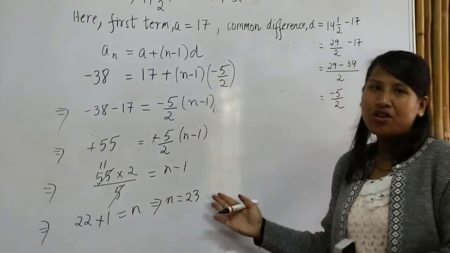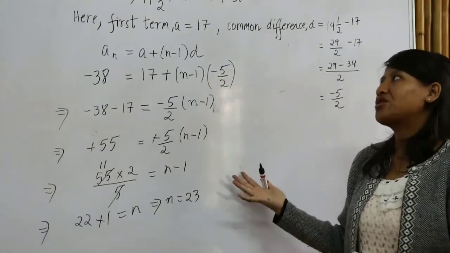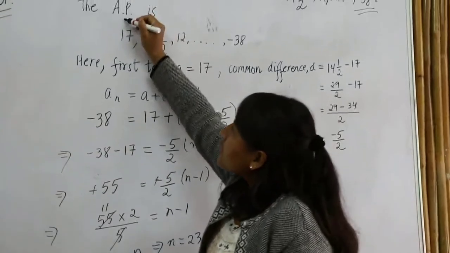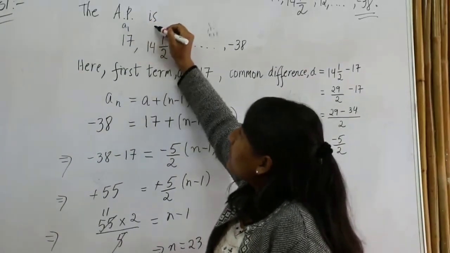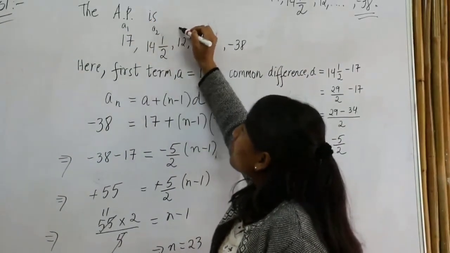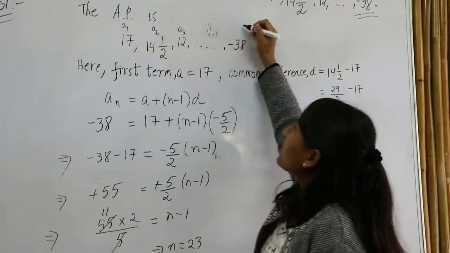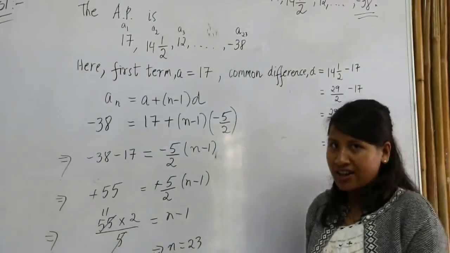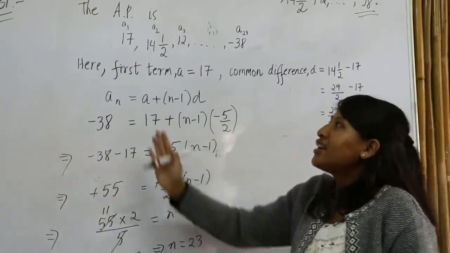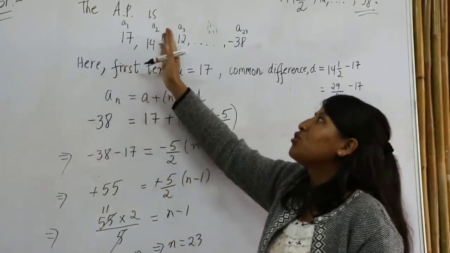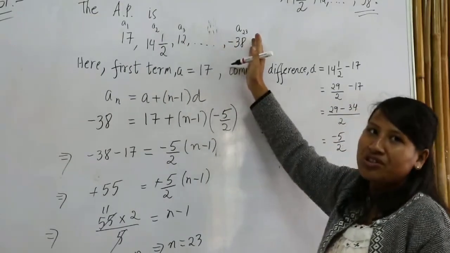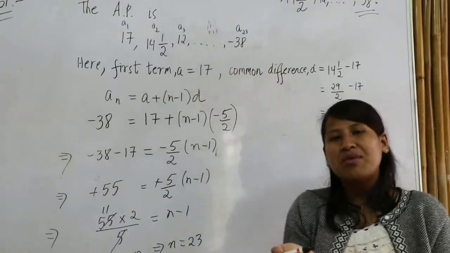Now, what's the meaning of this, this 23? Now, look here. This one is A1, this one is A2, A3, and this one we have found out as A23, right? Then if you count 1, 2, 3 and so on, the last one is 23. So how many of them are there?